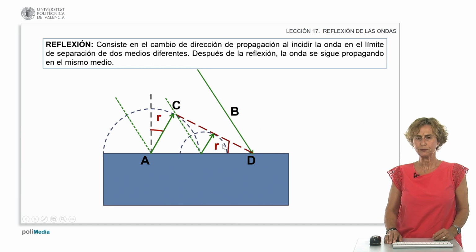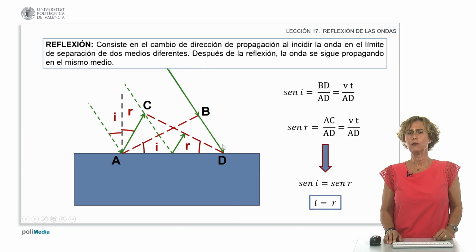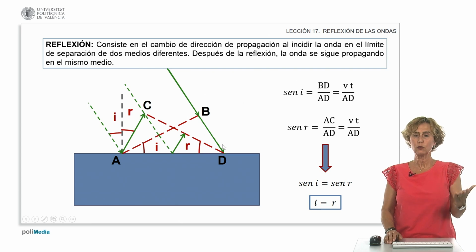Let's see. Well, these are the angles of reflection that we had already indicated. Let's see how we can mathematically express the angles of incidence and reflection.